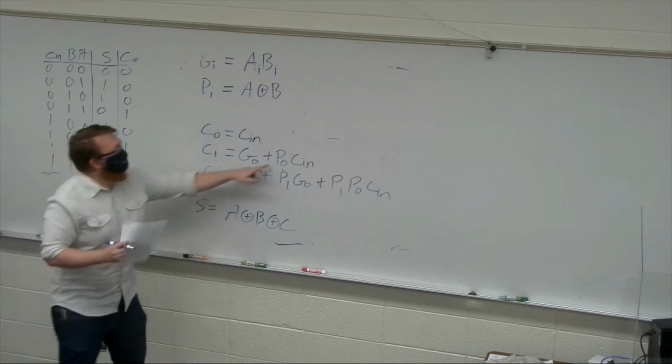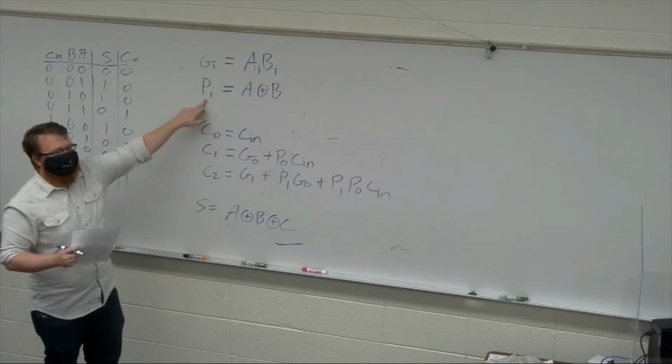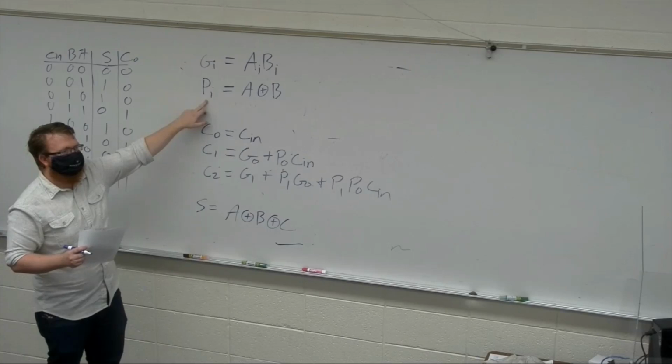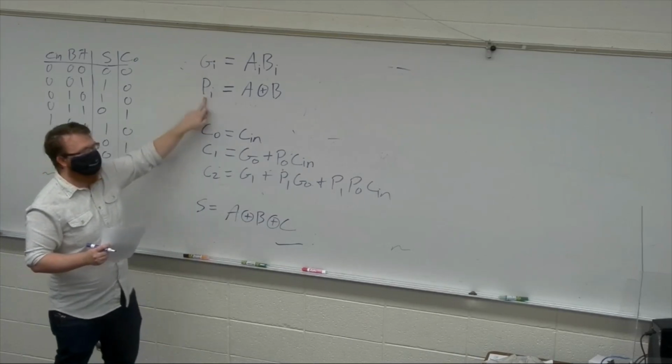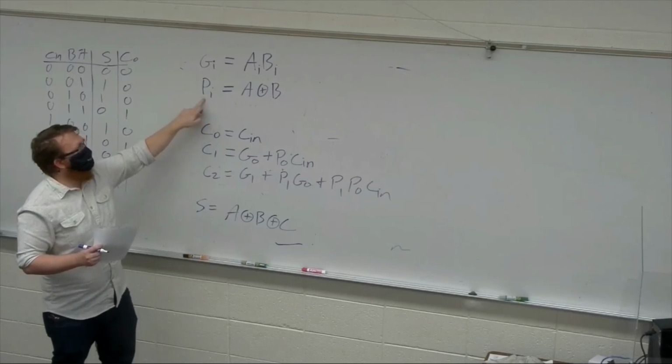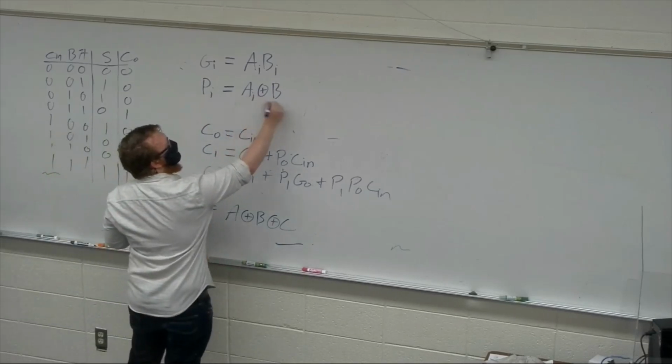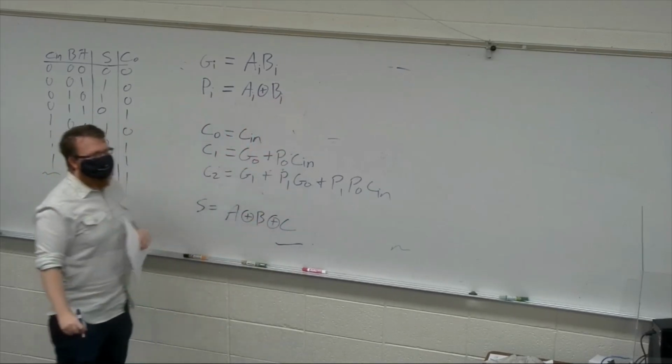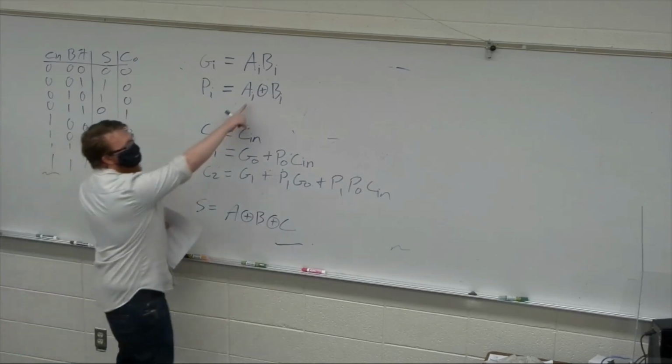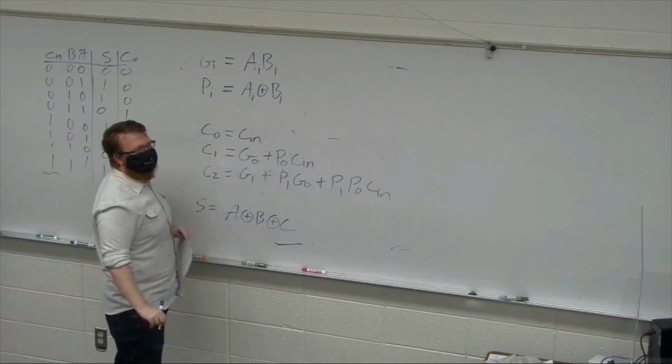No, P0 is the first full adder's propagate. This is Pi, so Gi, Pi, where Pi is Ai XOR Bi, where i can be 0 to N, the number of bits.